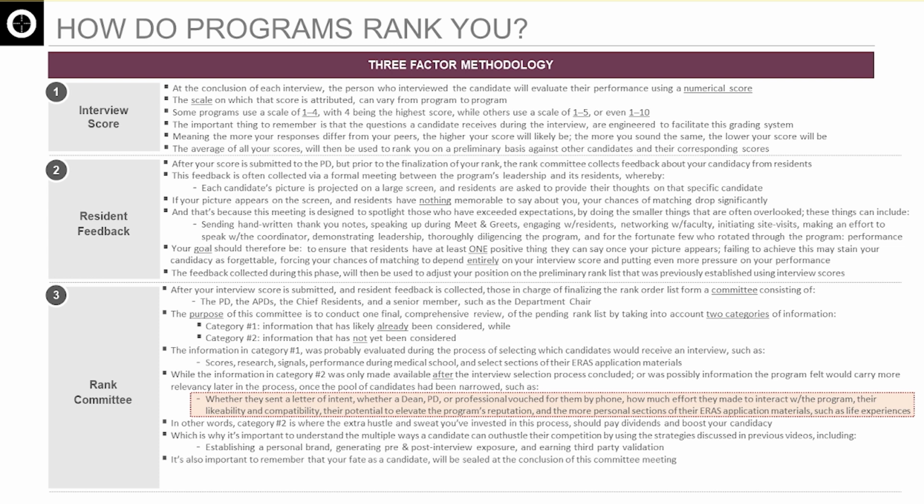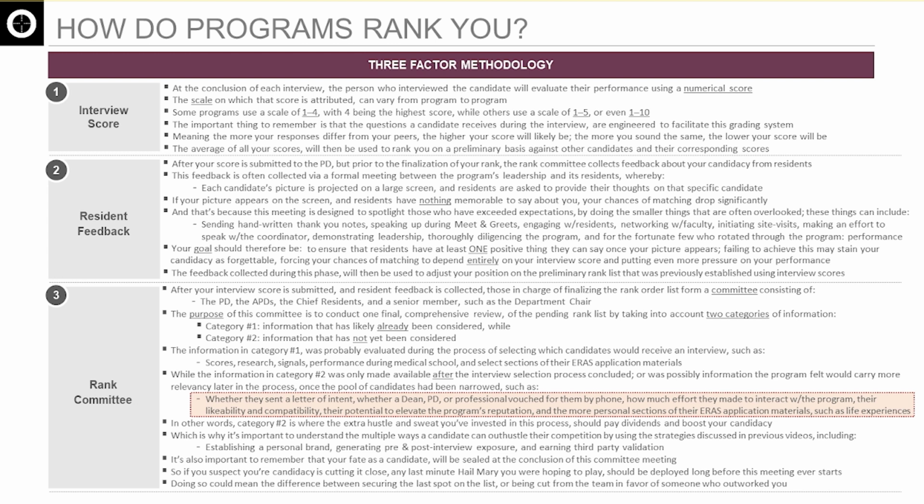It's also important to remember that your fate as a candidate will be sealed at the conclusion of this committee meeting. So if you suspect your candidacy is cutting it close, any last-minute Hail Mary you were hoping to play should be deployed long before this meeting ever starts. Doing so could mean the difference between securing the last spot on the list or being cut from the team in favor of someone who outworked you.